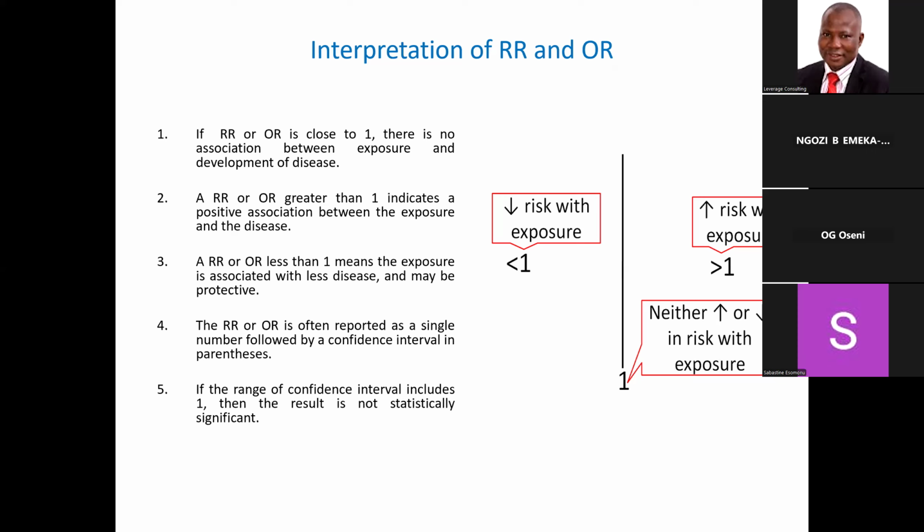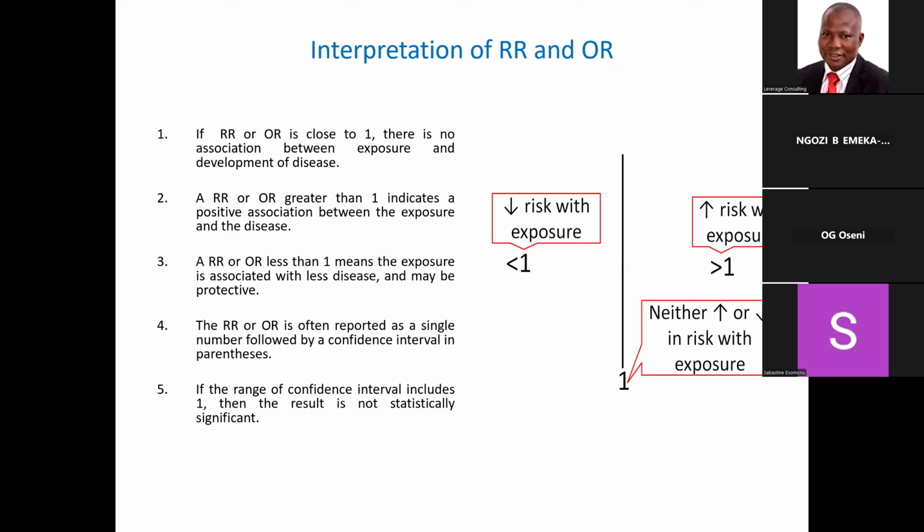We already said that odds ratio is a proxy to relative risk. And if any of them is 1, it means there's no association between the exposure and the outcome, because each of them is gotten by division. You divide the risk among the exposed by the risk among the non-exposed.